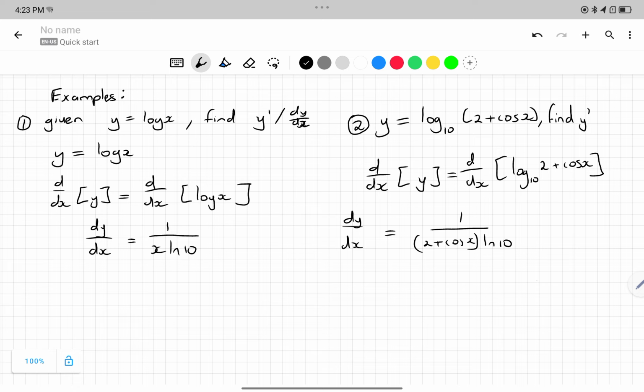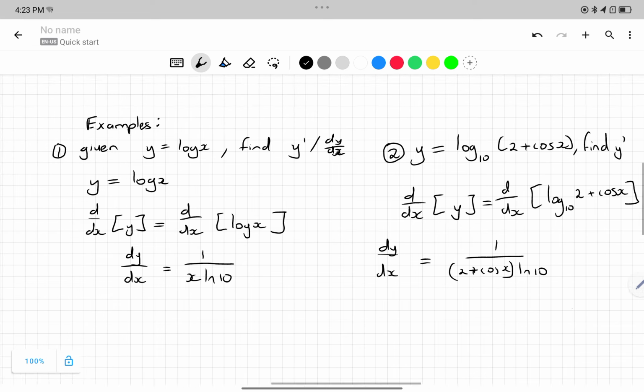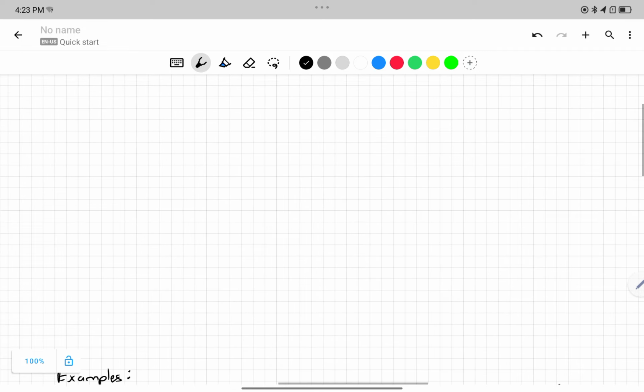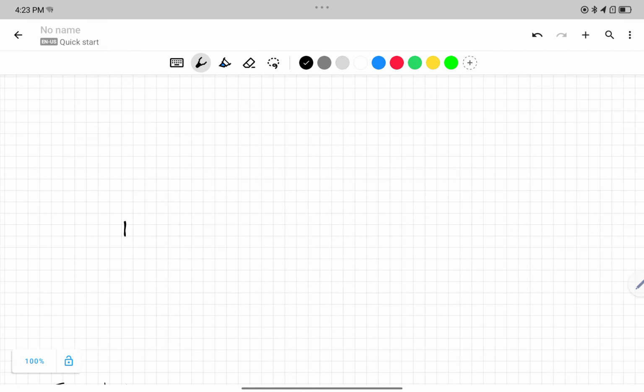There's something very important that we need to note in this case, which is that here we have a composite function. So you need to know that when deriving composite functions, we tend to use the chain rule.